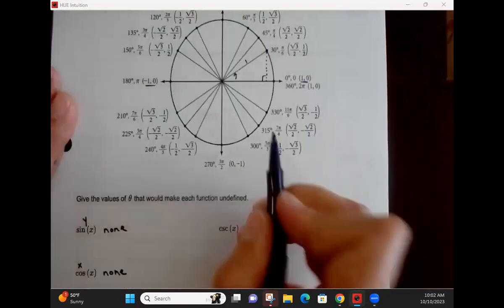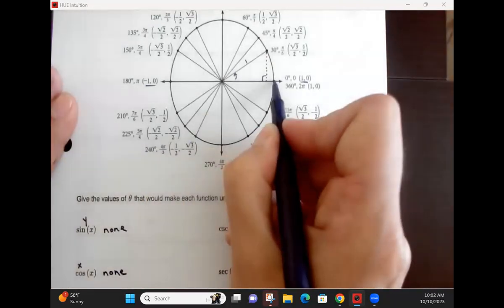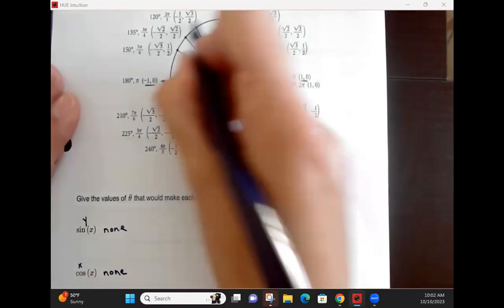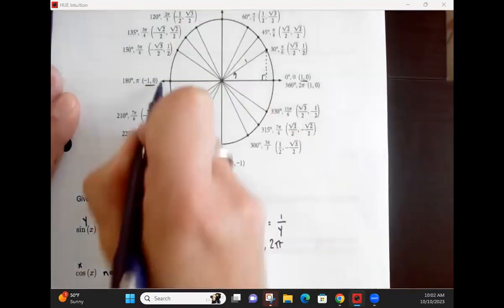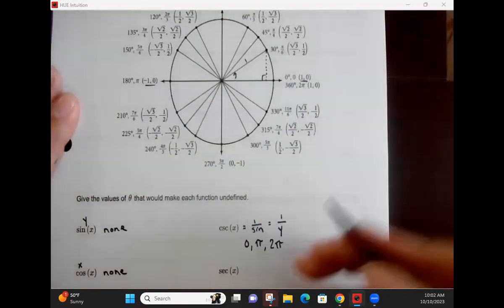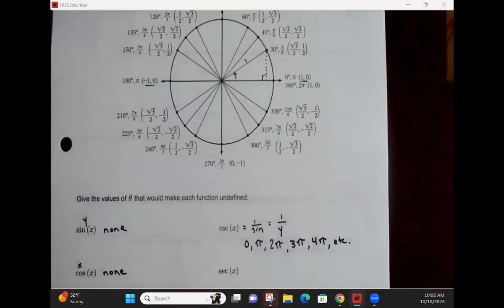I could keep going around. We talked about that last week too. I could go around more than once. So if I started at 0, that's undefined cosecant. At pi, undefined cosecant. At 2 pi, or 3 pi, at 4 pi, and we could keep going as many times as I want to circle around.